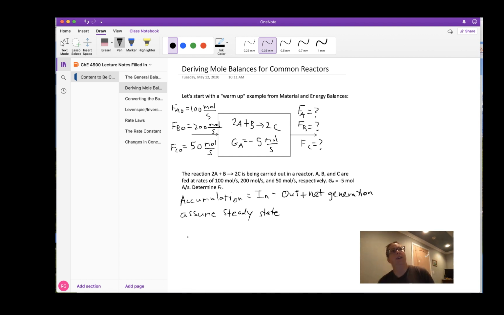Now I can take my balance equation and fill in terms to solve for the quantity I want. The quantity that I've been asked to solve for is this FC.